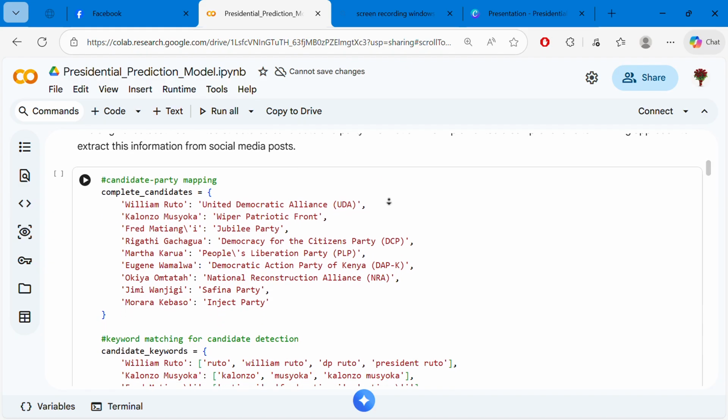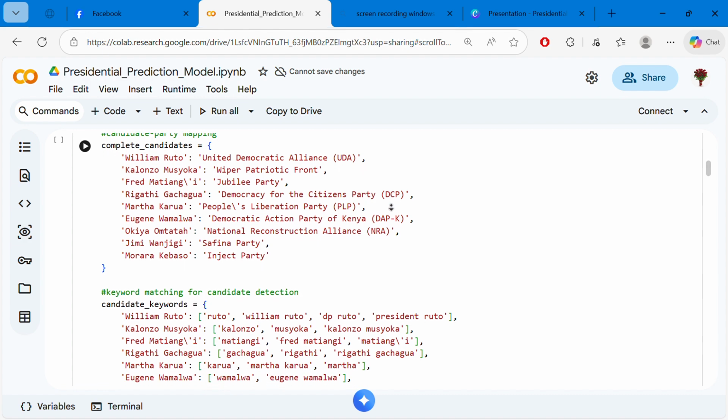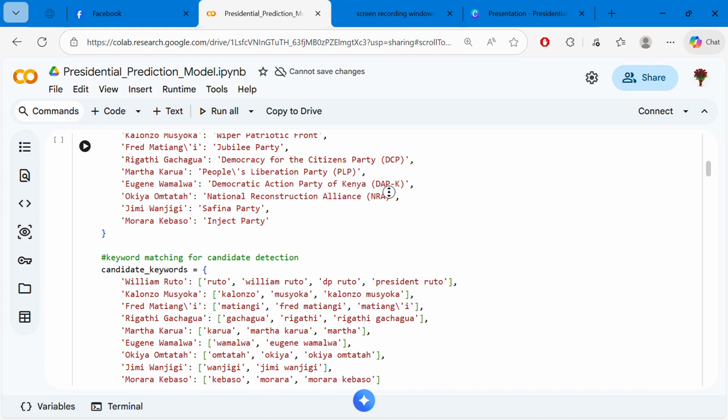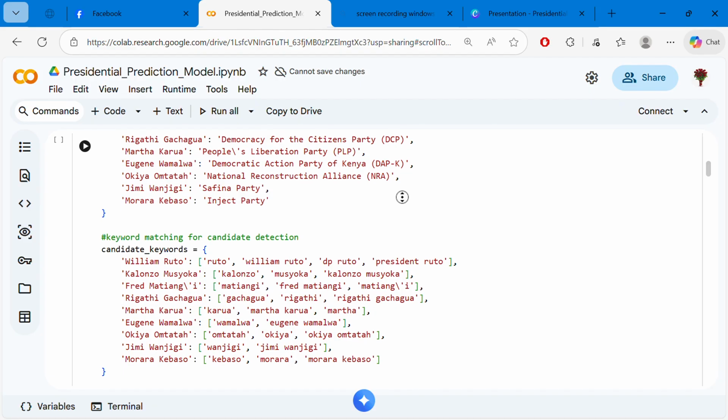Number 1, we mapped candidates to their respective political parties: William Ruto with UDA, Kalonzo with Wiper, Fred Matiang'i with Jubilee, Rigathi with DCP, Martha Karua with PLP, Eugene Wamalwa with DAP, Okiya Omtatah with NRA, Jimmy Wanjigi with Safina Party, and Morara Kebaso with Inject Party.